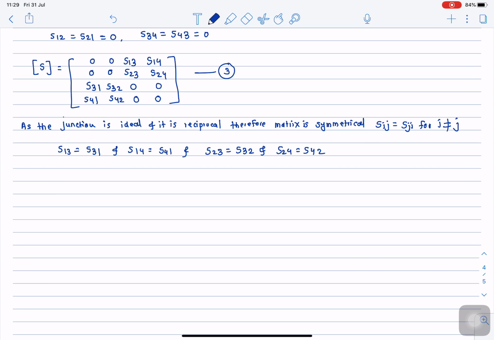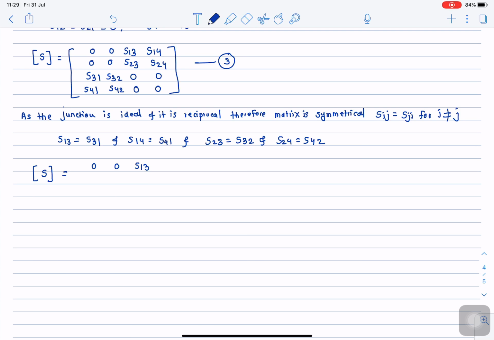So the scattering matrix S is equal to: first term 0, second term 0, S13 as it is, S14 as it is. Now S23 as it is, S24 also as it is.